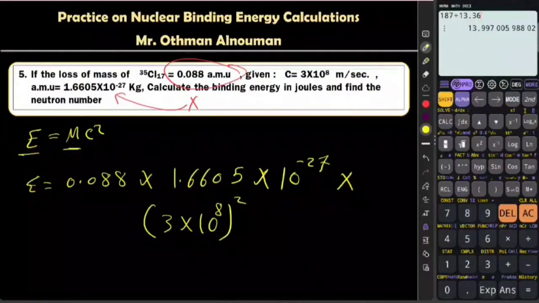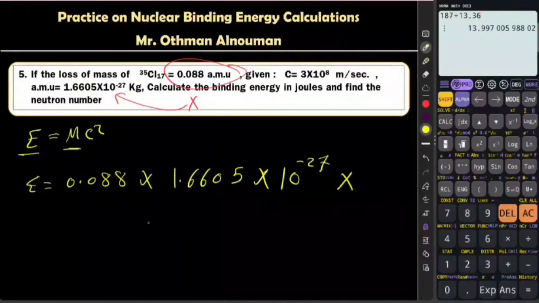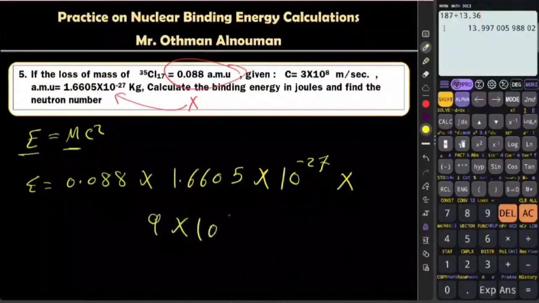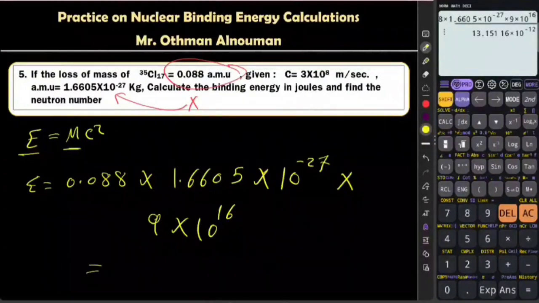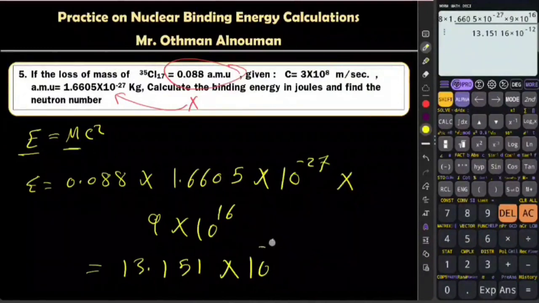This number you can just square from the beginning. 3 square is going to be 9, and 10 to the power of 8 square is going to be 10 to the power of 16. So we are going to see times 9 times 10 to the power of 16. And now let's do it in the calculator to see how much it is going to be, and it equals 13.151 times 10 to the power of negative 12.